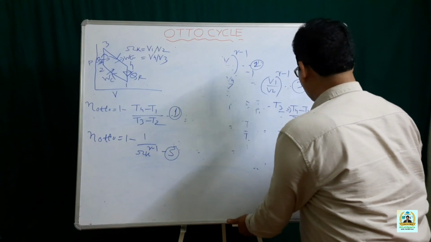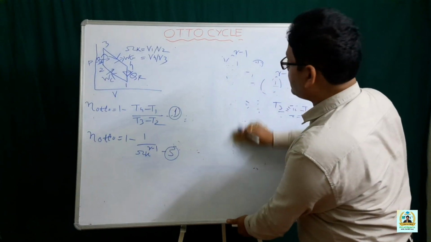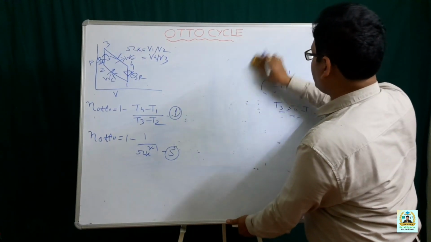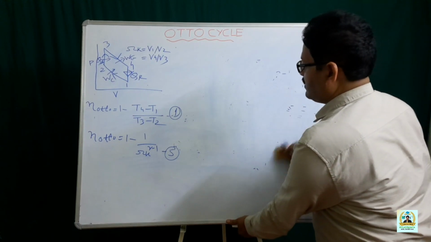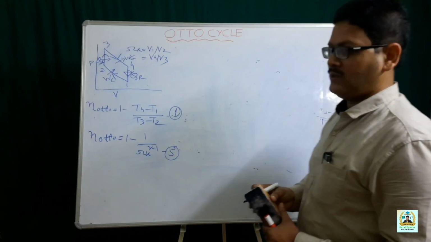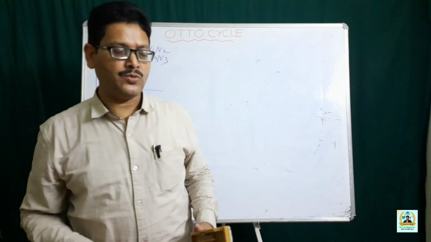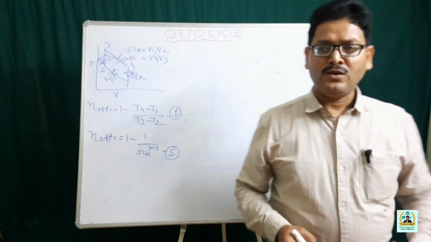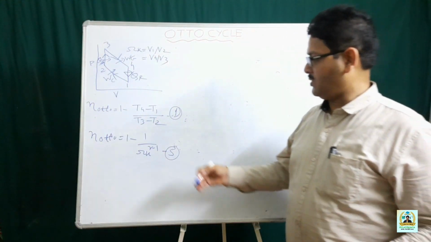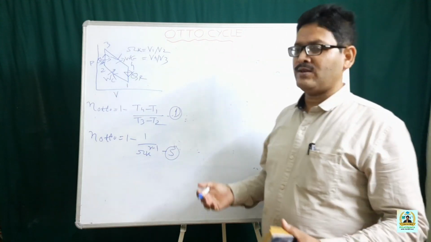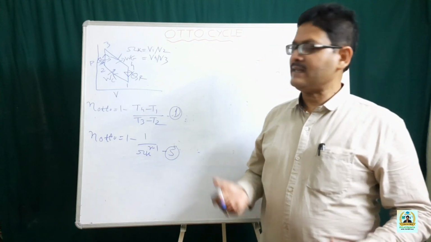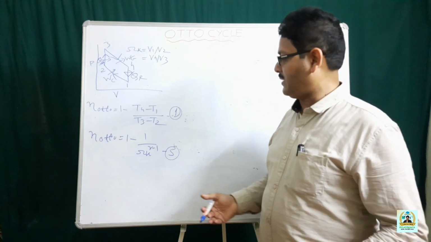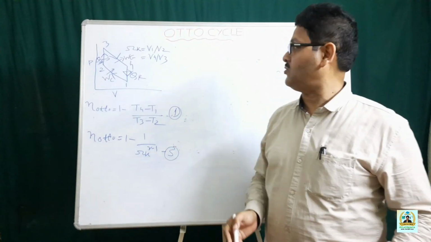The first one is in terms of temperatures at the cardinal points, and the second one is in terms of the compression or expansion ratio. Now, obviously from this we can make out that we can improve the air standard efficiency of Otto cycle by increasing the compression ratio.